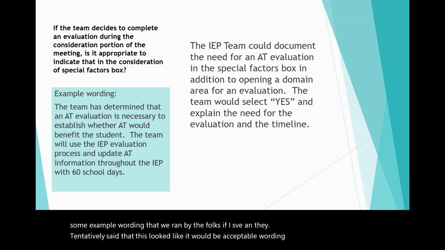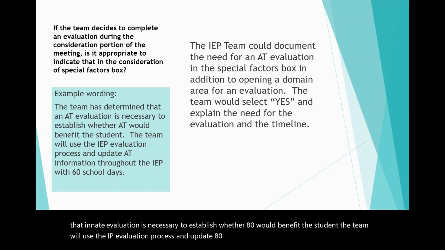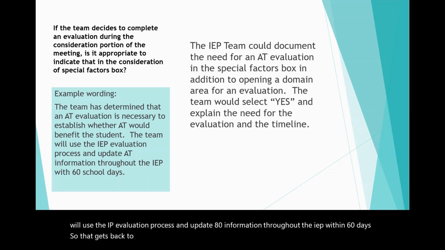The team has determined that an AT evaluation is necessary to establish whether AT would benefit the student. The team will use the IEP evaluation process and update AT information throughout the IEP within 60 days. So that gets back to, we've got to start an evaluation so the timelines apply.